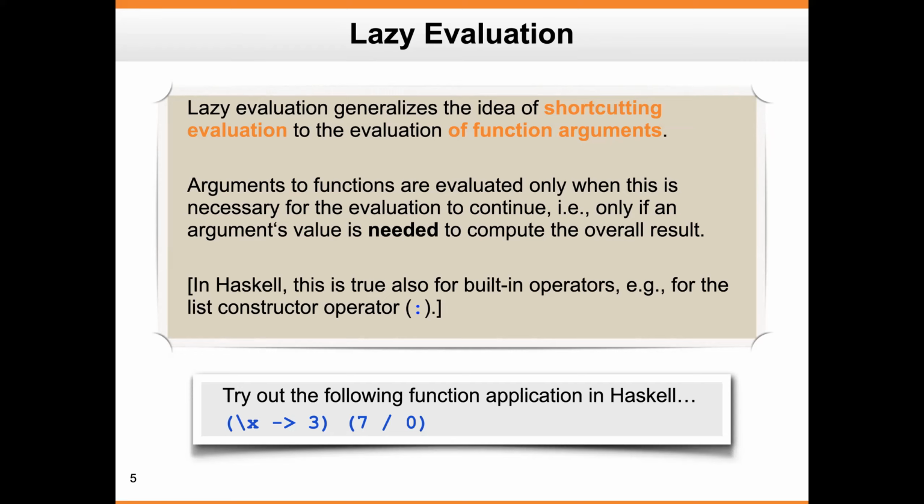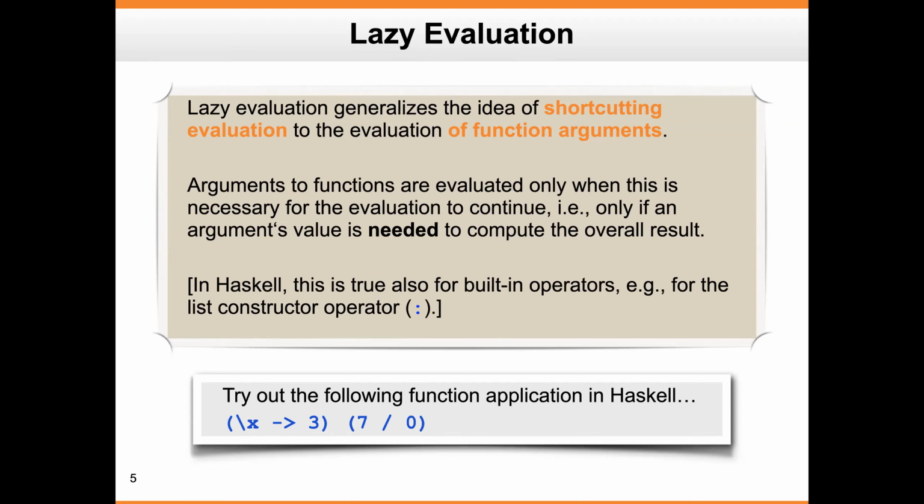That is, only if an argument's value is needed to compute the overall result of the function. And Haskell goes even further, in the sense that this lazy evaluation of arguments is true also for built-in operators. For example, for the list constructor operator, which in Haskell is this colon.